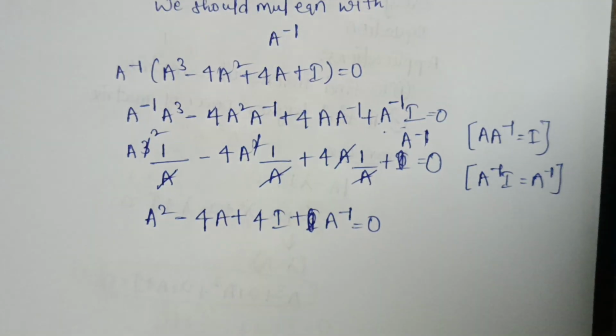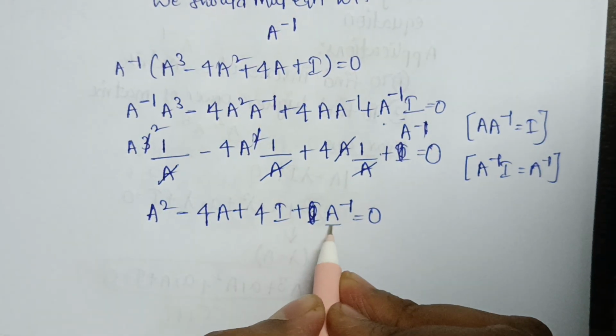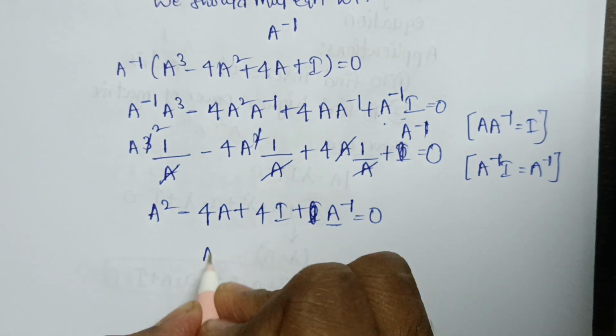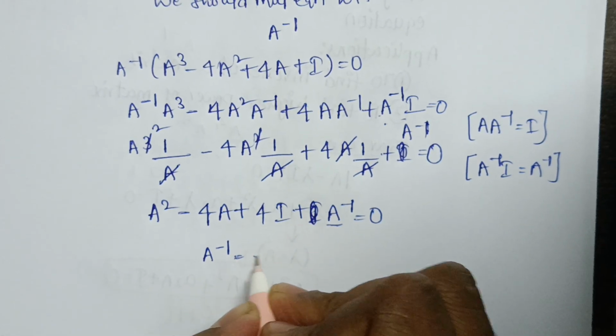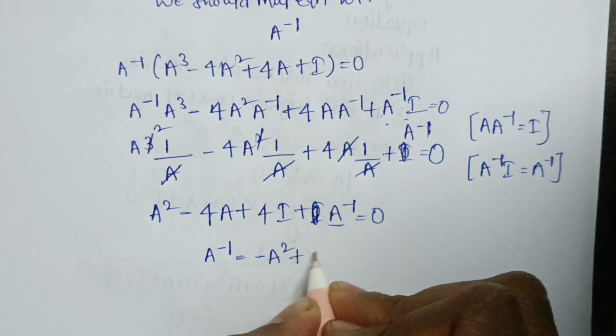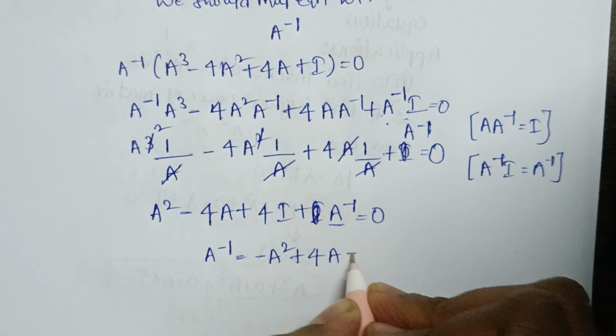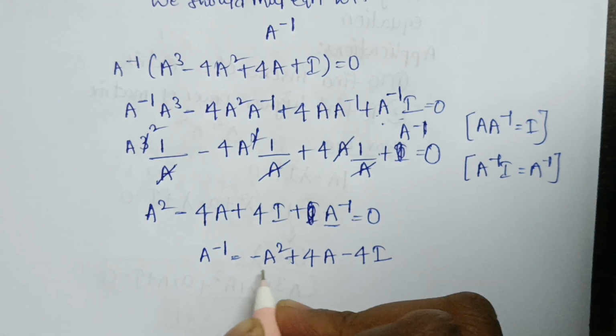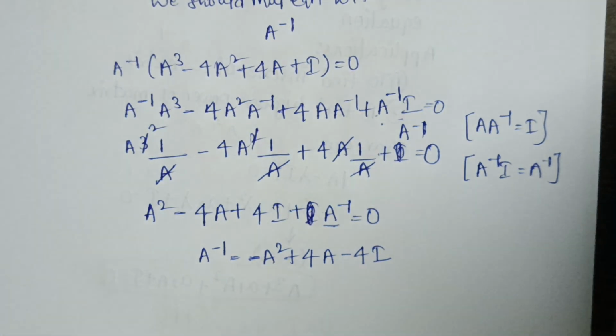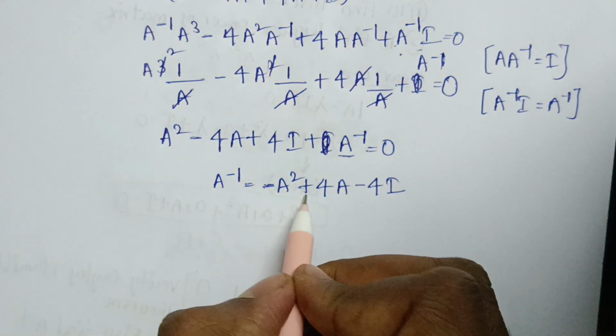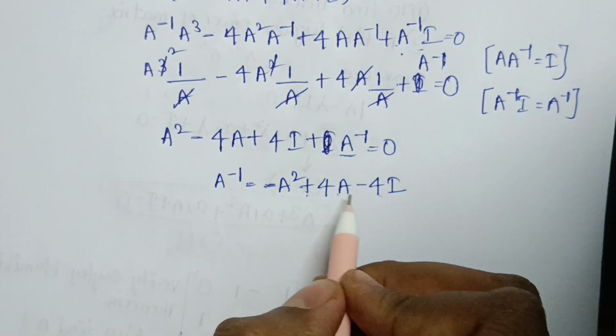To find A inverse, we should get the equation in terms of A inverse. A inverse is equal to minus A square plus 4A minus 4I. So now we should find out minus A square plus 4A and minus 4I.